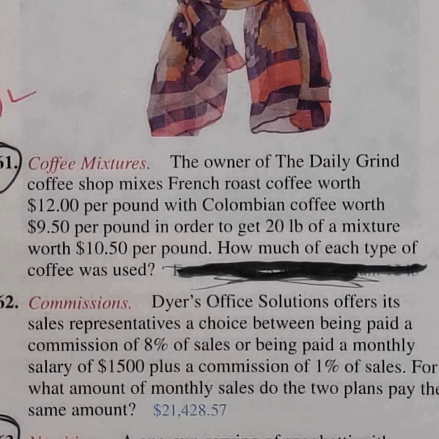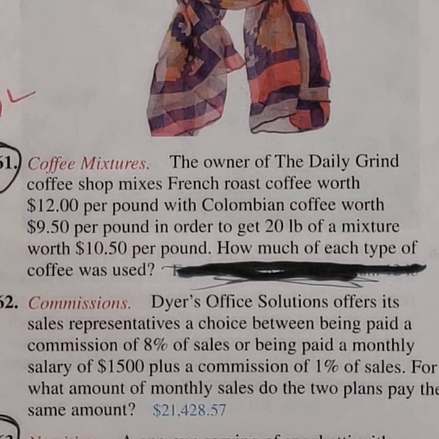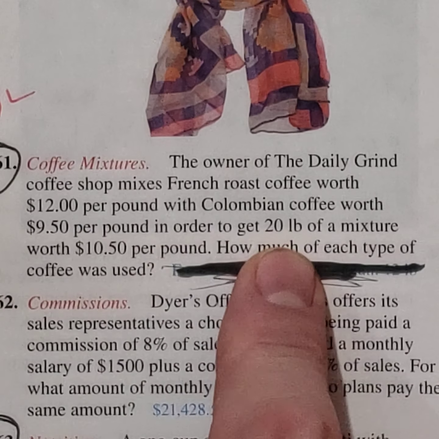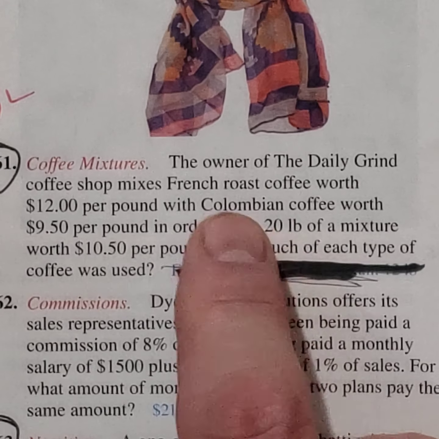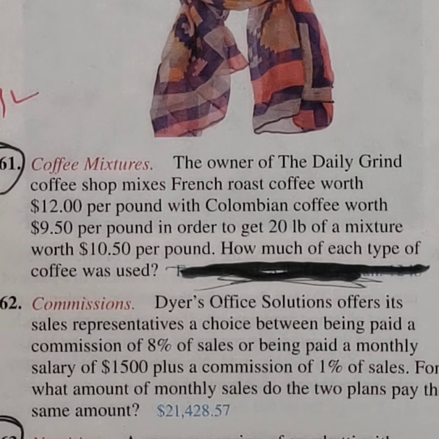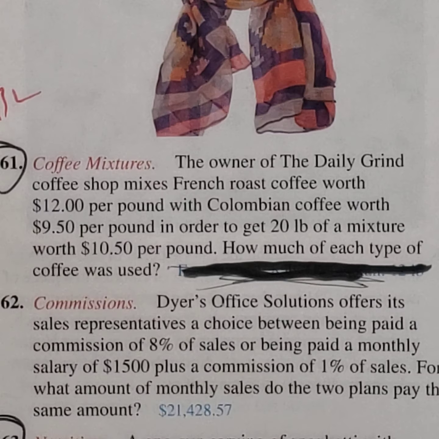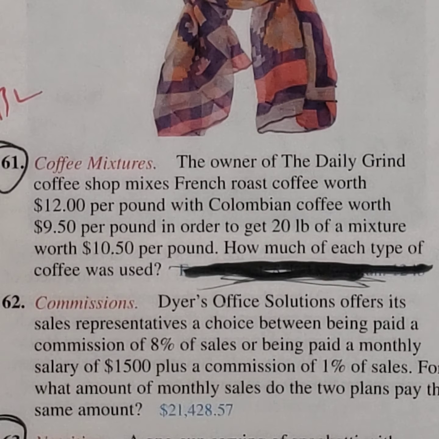Okay, so our two restrictions are that we have to have 20 pounds of the mixture, right? So the French plus the Colombian, that's our two things we're trying to figure out. The French plus the Colombian have to equal 20.